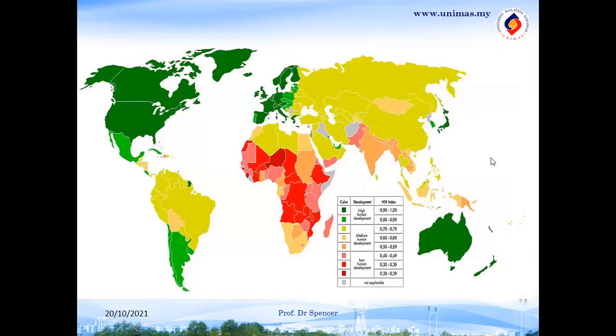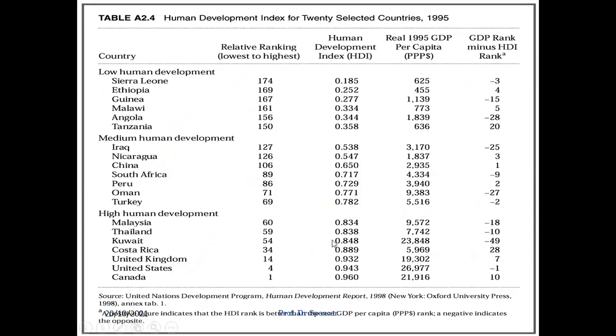Oke, jadi kalau kita lihat kepada negara yang mempunyai high HDI: Canada, US, Australia, New Zealand, many countries in Europe, plus Japan as well. On the other end, you have the low Human Development Index mostly in Africa. All right.